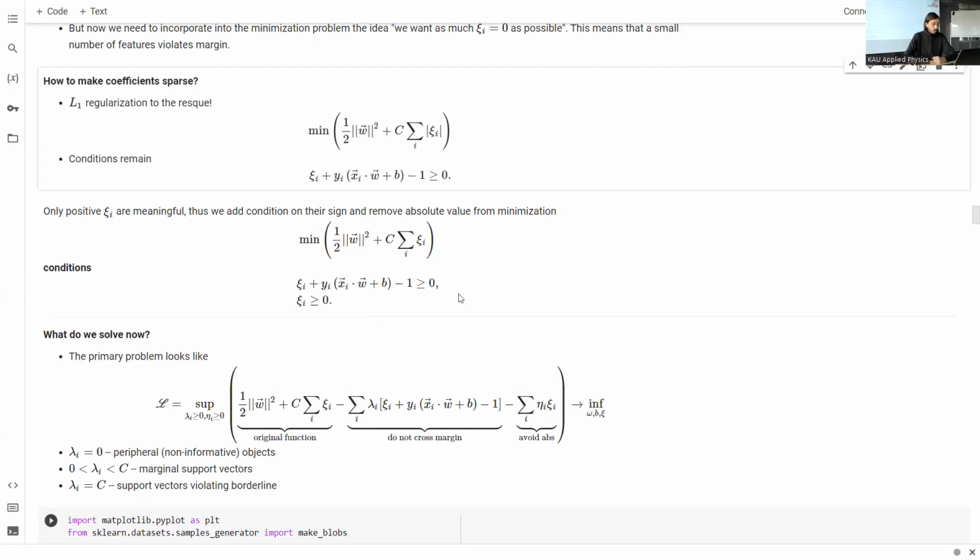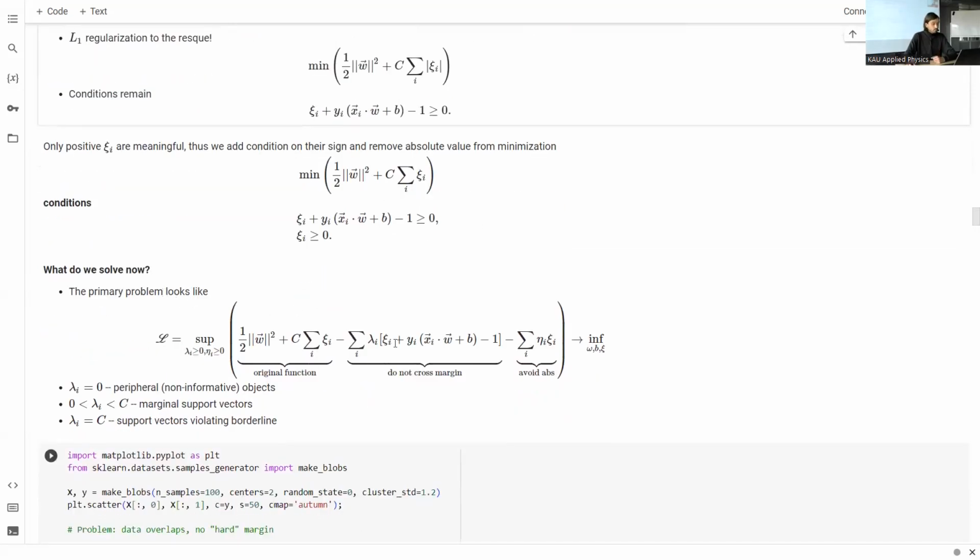And here are my conditions. So I want my psi i's to be greater than 0. And I want, of course, my previous conditions that tell me that I separate my points correctly to hold. But now you see the psi i that I have added. So I have relaxed this condition a little bit, but I have regularized it. And this is the sort of Lagrangian that we have at the end of the day. So this is my original function with the regularization.